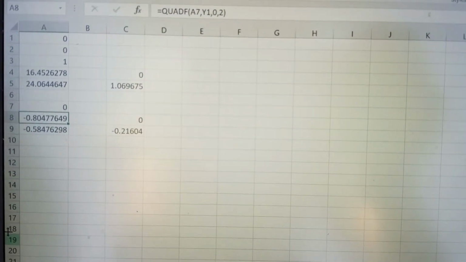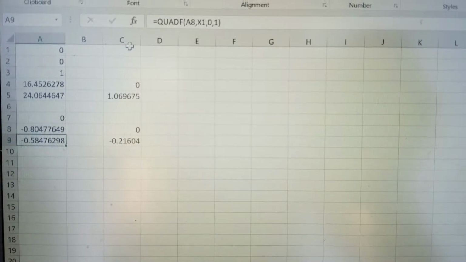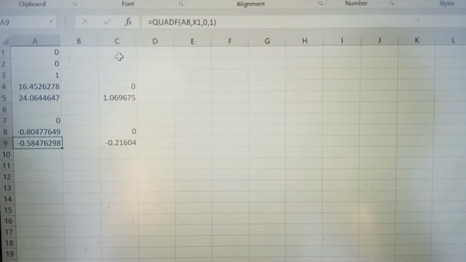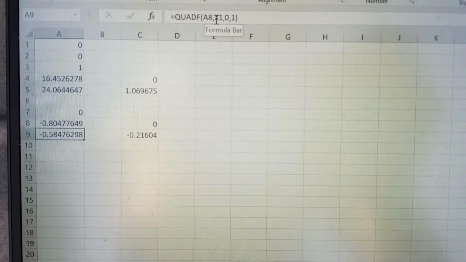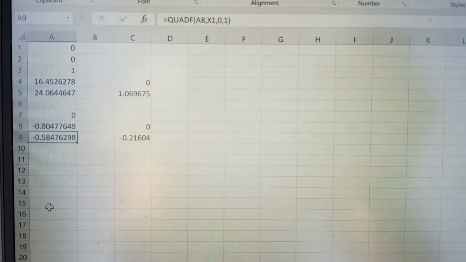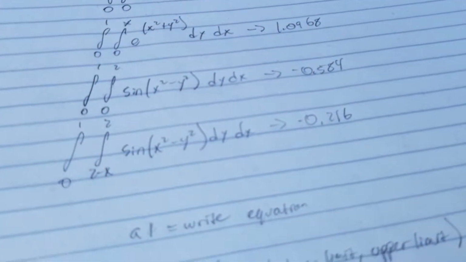Then the second integral in A9, QUADF of A8, in terms of x from 0 to 1. And we got negative 0.58, you can see.